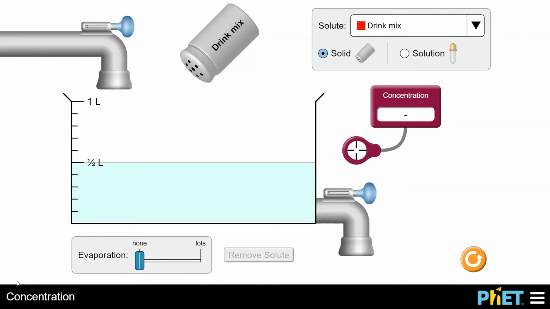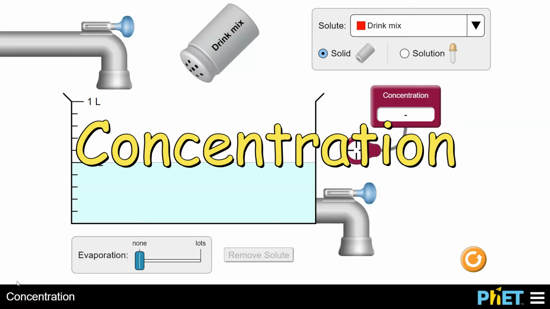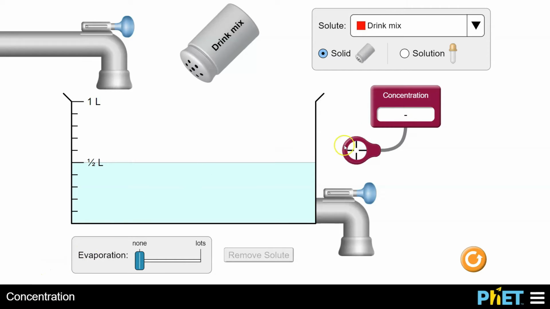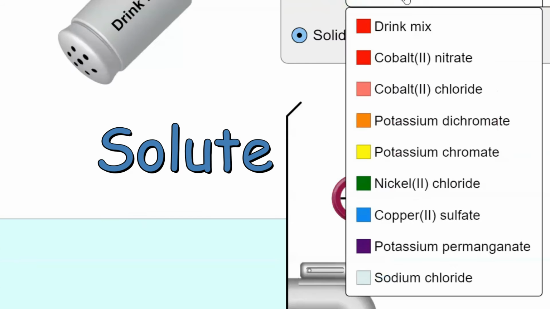In this quick video, we're going to learn about concentration. So we're going to take a look at this PhET simulation, and we are going to first notice that this is the solutes.